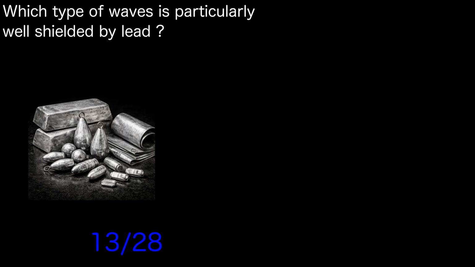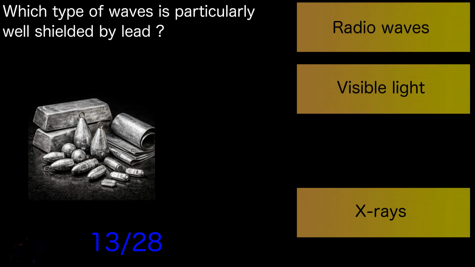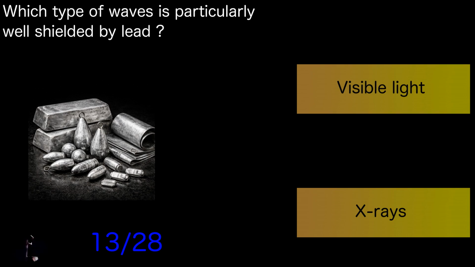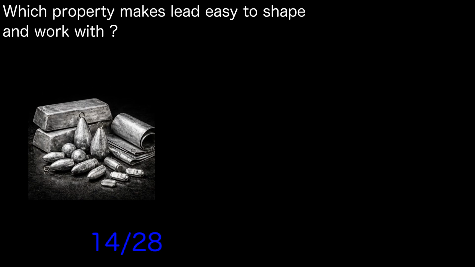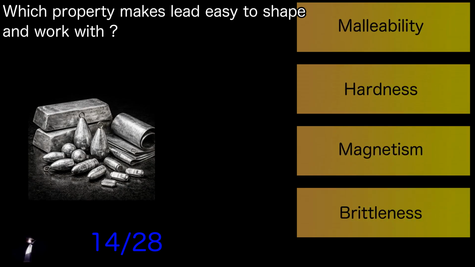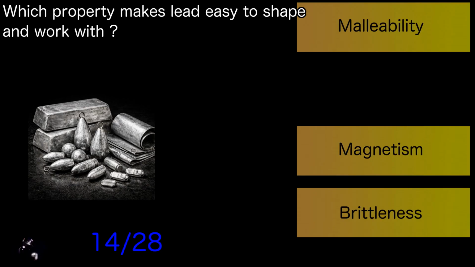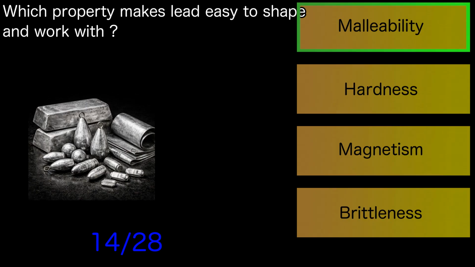Which type of waves is particularly well shielded by lead? X-rays. Which property makes lead easy to shape and work with? Malleability.